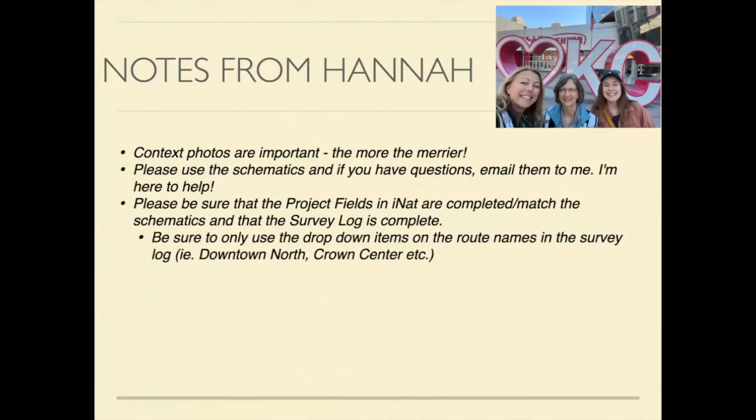And that spreadsheet has been set up by Hannah to have drop-down menus. So instead of typing in downtown north, there's just a drop-down menu where you can select downtown north. The reason for that is if people start putting in various abbreviations for things, the data don't compile properly, and we have to go back through and manually change them.